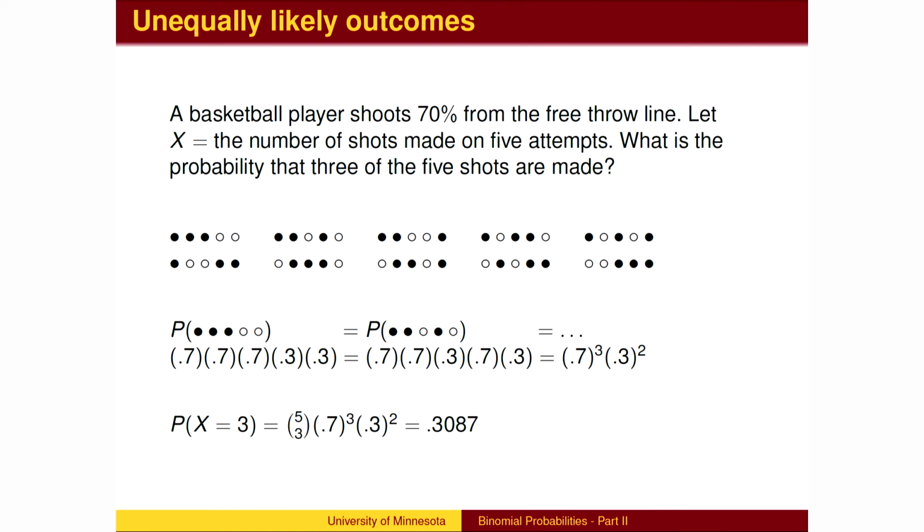There are 10 strings in all, so the total probability for getting the first string or the second string, or the third string, etc., is to add the 10 possibilities together, all of which are the same product. So in total, we have 10 times 0.7 to the third power times 0.3 squared, with the 10 coming from Pascal's triangle.